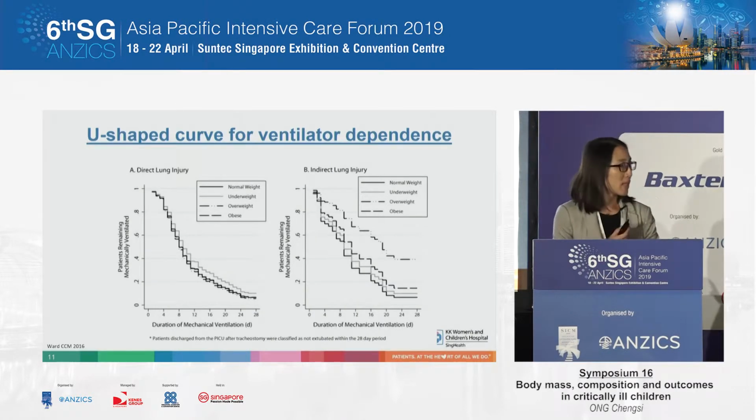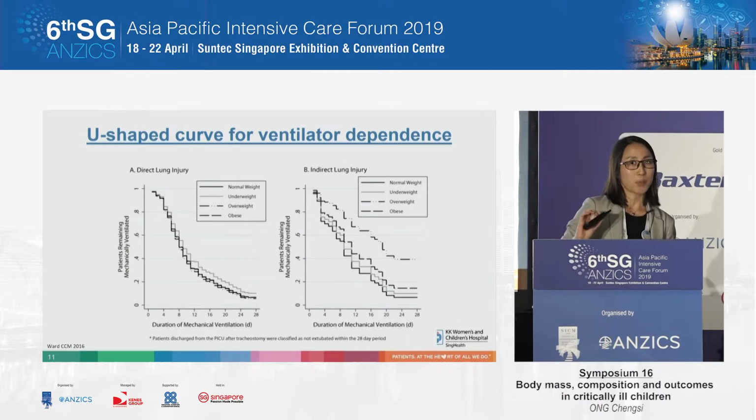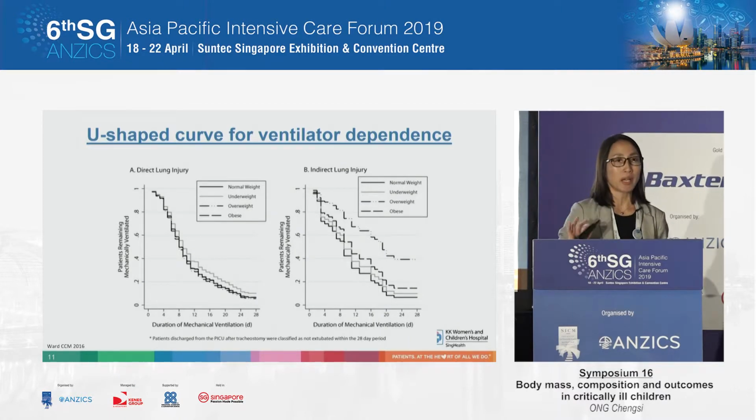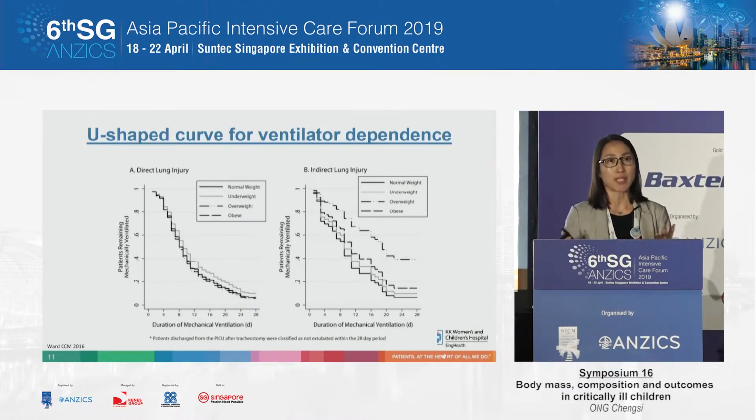What about for ventilator dependence? Similarly, on the left are those with direct lung injury, and on the right, indirect lung injury. You can see there is a clear separation of lines for the indirect lung injury group, where the overweight patients appear to have somewhat greater risk for ventilator dependence or prolonged ventilator dependence.